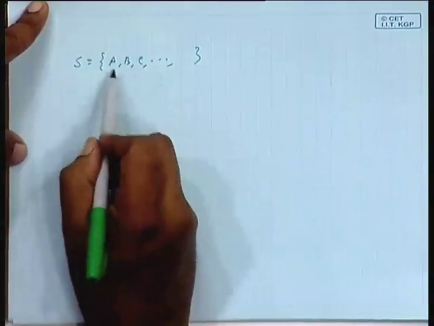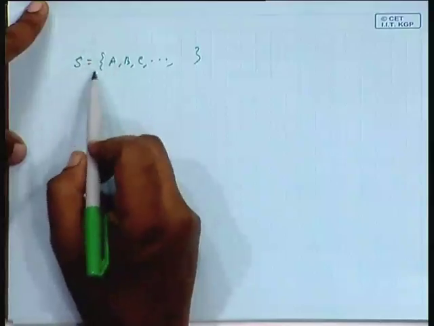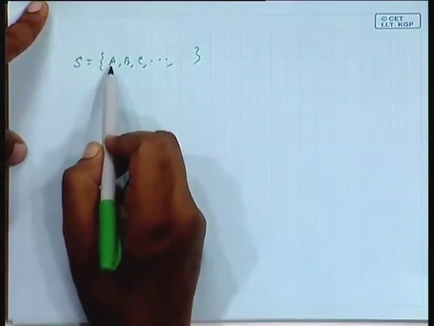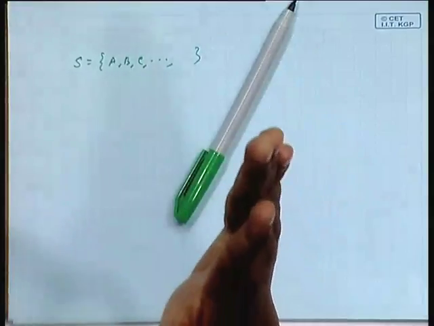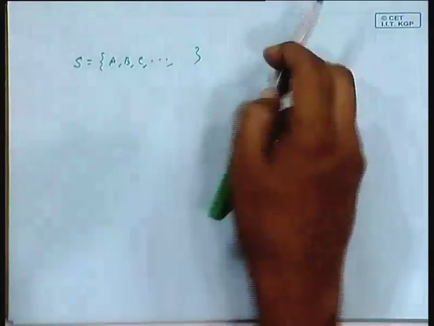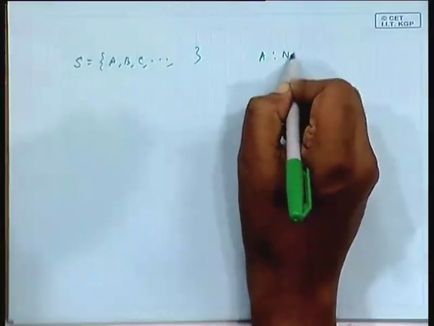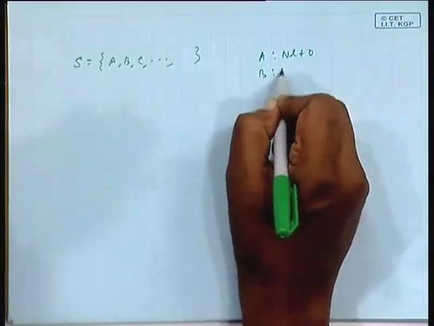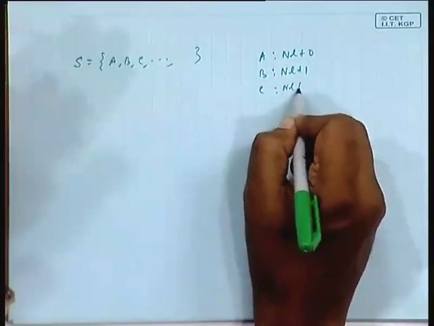If I write the folding set like this, beginning with A, then in every input clock period A will be the one to be tapped first. So its schedule will be 0, that is A will correspond to NL plus 0, B will correspond to NL plus 1, this is the order, C will correspond to NL plus 2, and so on.